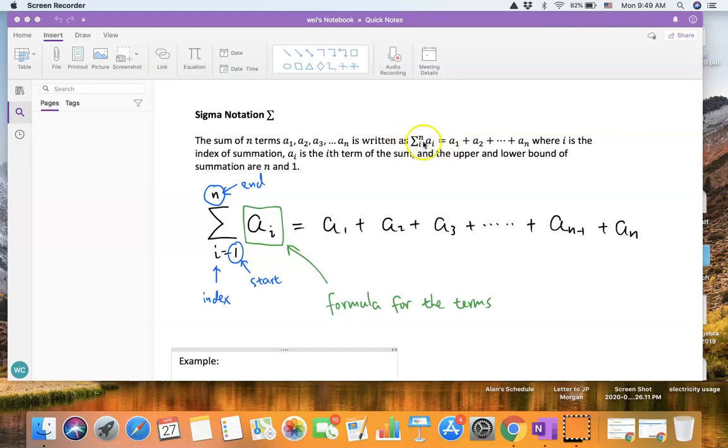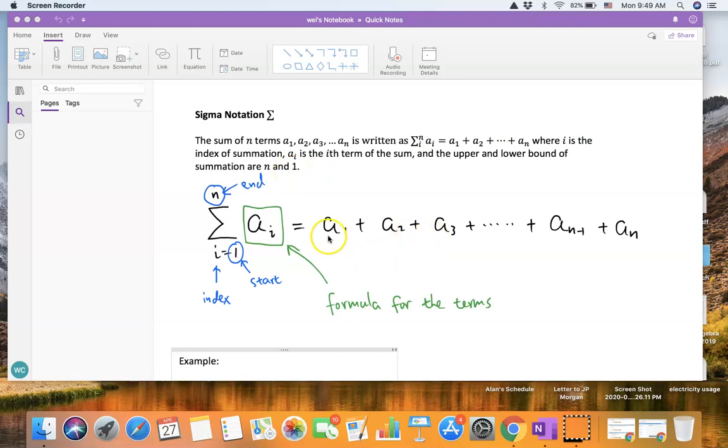And this notation is equivalent to the sum of these n terms, where in this formula i is the index of summation, and a sub i is the ith term of the sum, and the upper and lower bounds of the summation are n and 1.